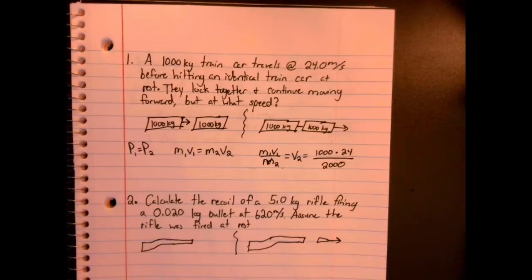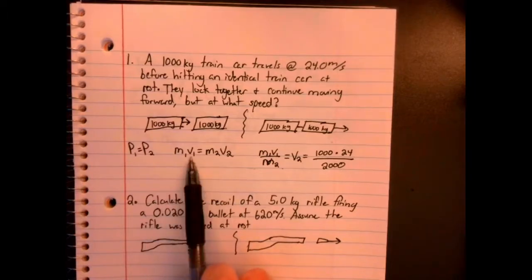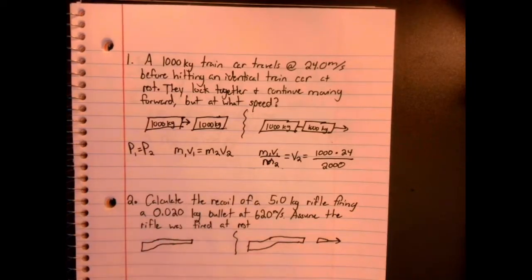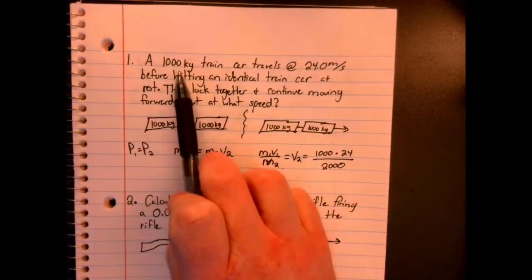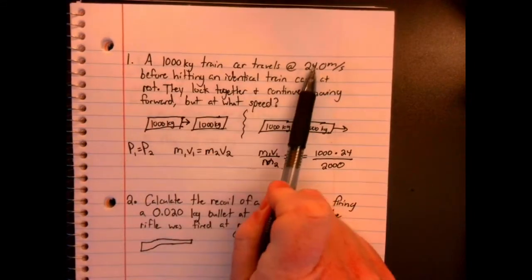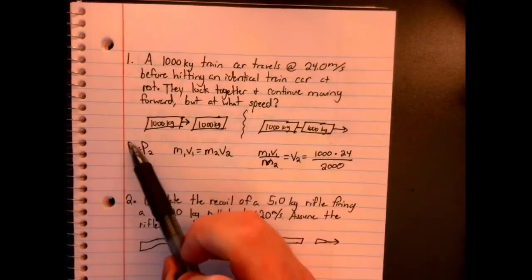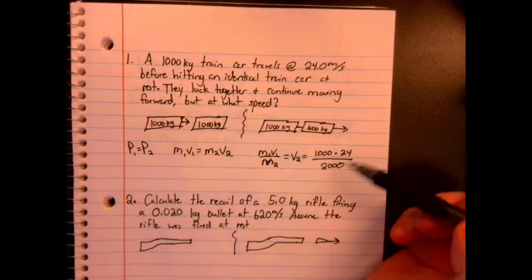The second way you could approach it is that momentum is a 1-to-1 relationship of mass and velocity. They're directly proportional to each other. So in this case, our mass has increased by a factor of 2. In order to maintain the same momentum, we would expect that our velocity would decrease by a factor of 1/2.